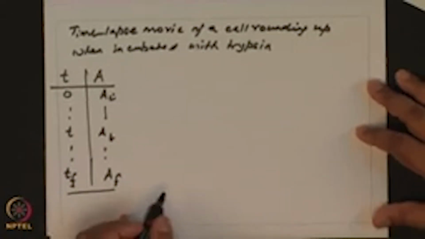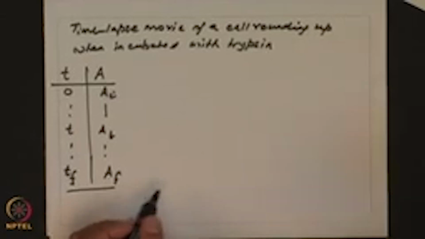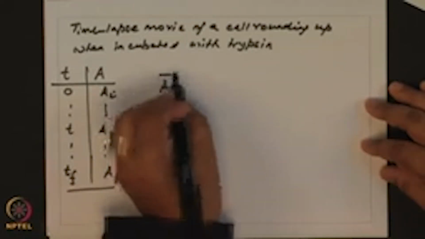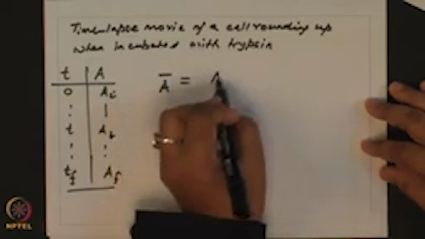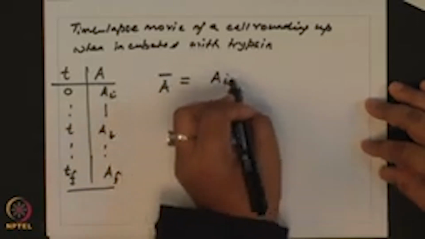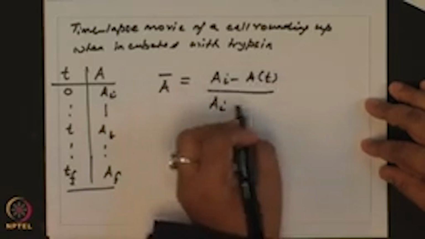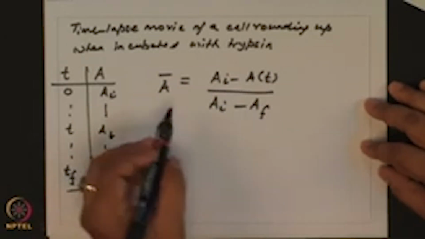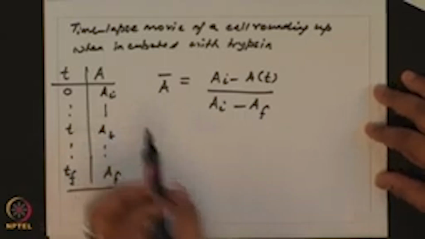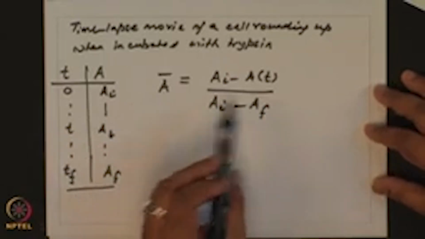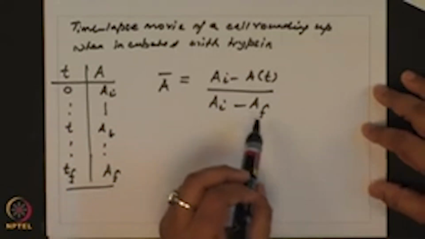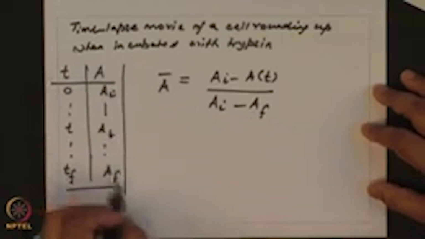I can define this normalized change of area, A bar, as Ai minus A of t by Ai minus Af.